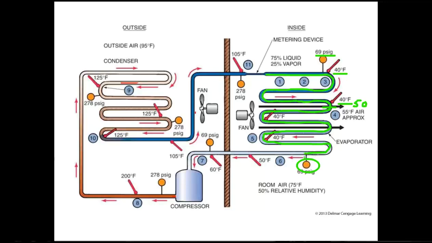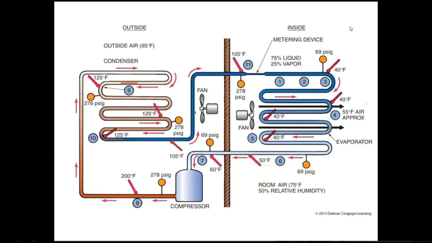And from here on, we are no longer picking up latent heat, we're picking up sensible heat. And if we put our thermometer on the line after we have changed the state of that refrigerant completely from liquid to vapor, we can now start to measure the sensible heat of the refrigerant.